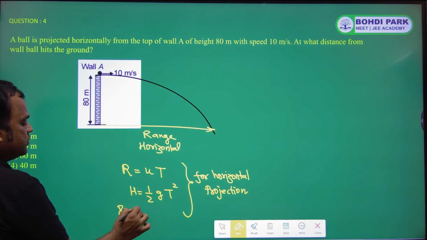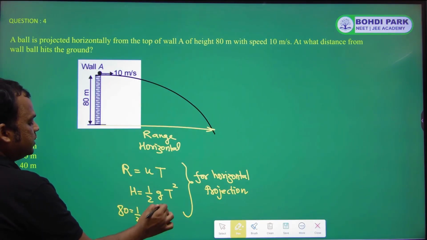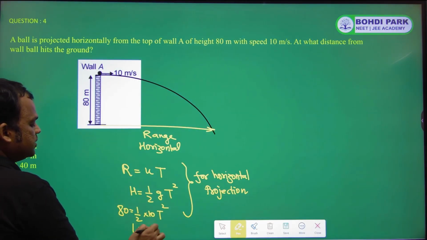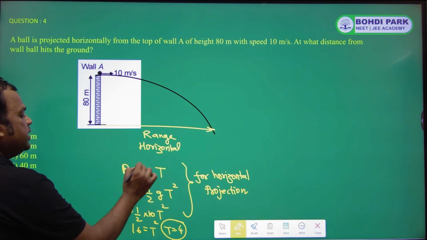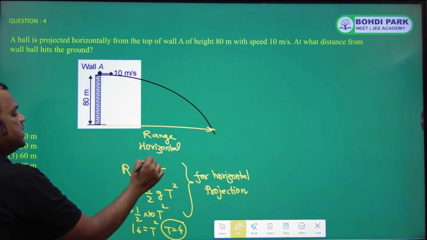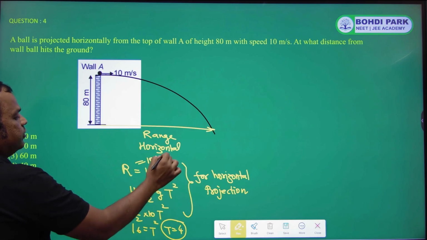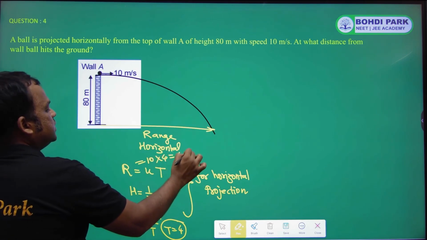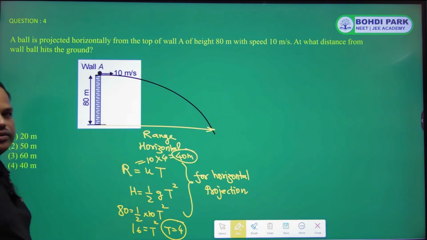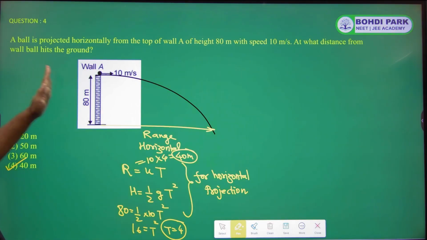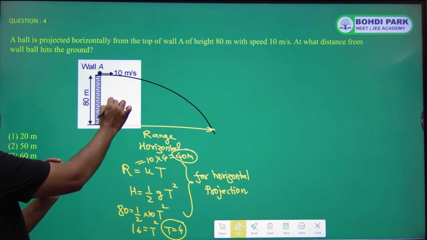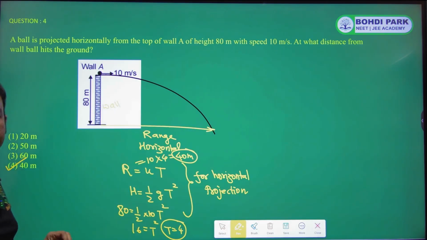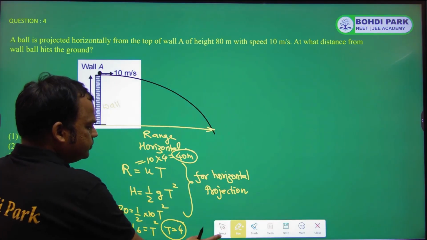So 80 is equal to 1 by 2 into 10 t square. So 16 is equal to t square. So t is equal to 4. So range will be equal to u, which is 10 into 4. So it is 40 meter. Okay, done. So it will hit the ground 40 meter distance from the wall. This is the wall. Okay, finish. Now next question.